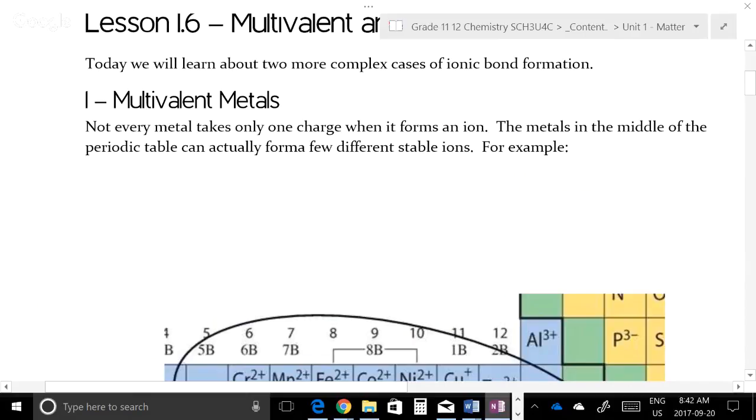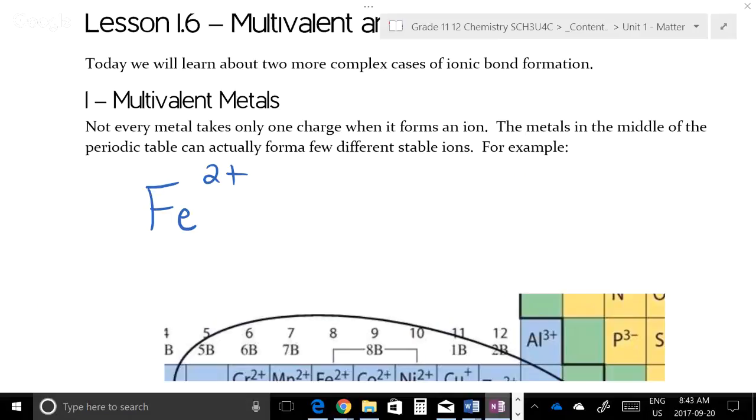Iron does not have to lose 1, 2, 3, 4, 5, 6, 7, 8 electrons to be stable. There's a stable configuration it can have if it loses just 2 electrons.